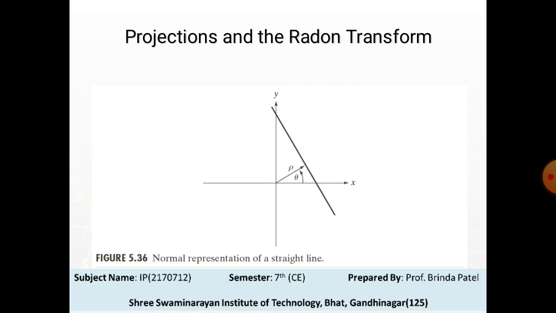A straight line in Cartesian coordinates can be described by its slope intercept form, y = ax + b. Alternatively, x cos theta + y sin theta = p is the normal representation of a straight line.